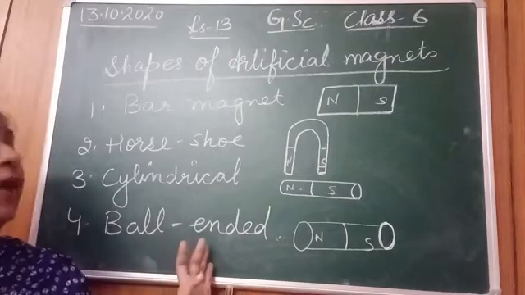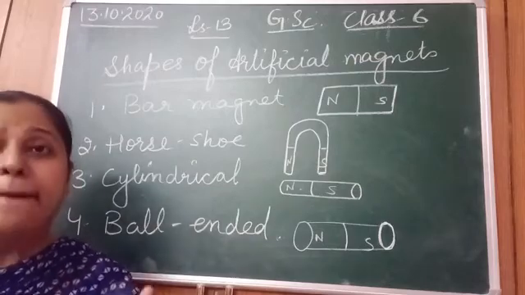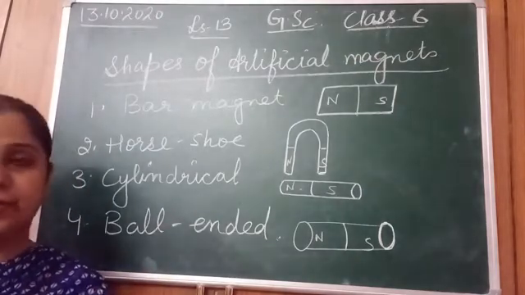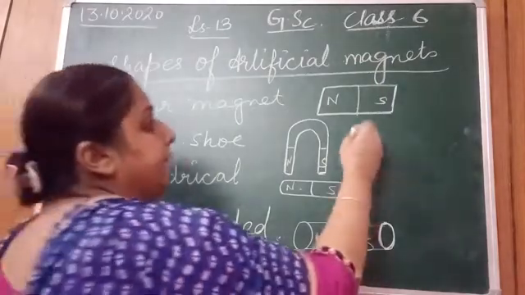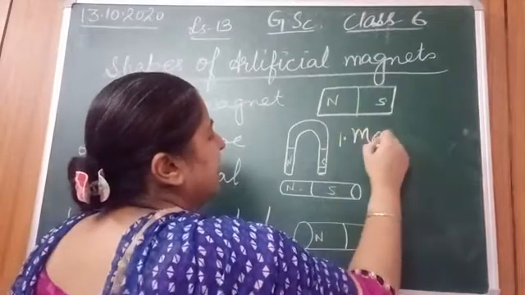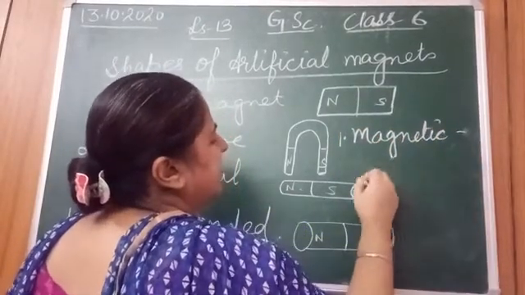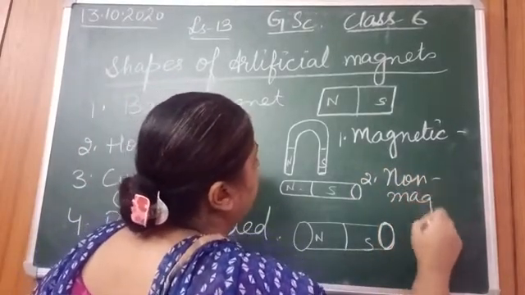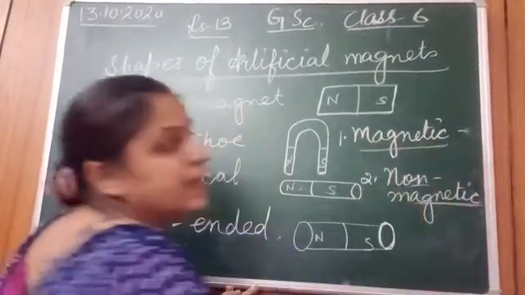Clear? Now beta, there are two types of materials based on the attraction by a magnet. Which are the two types of materials? One is magnetic materials and the other is non-magnetic materials. What are magnetic materials?